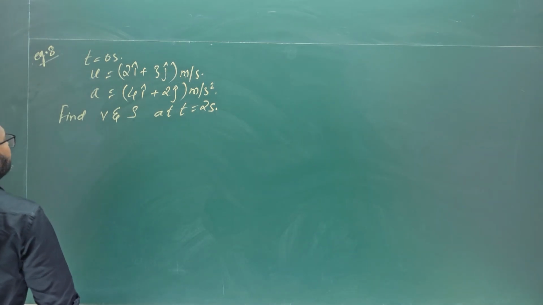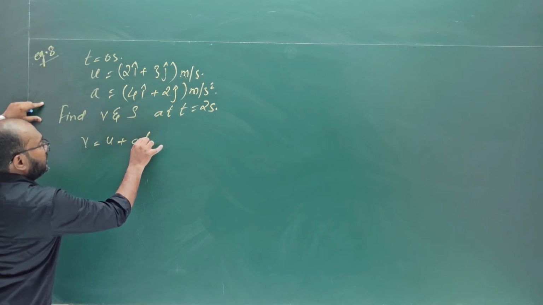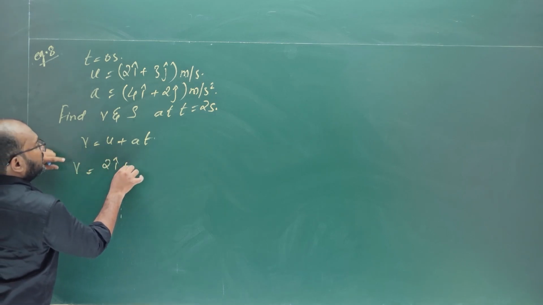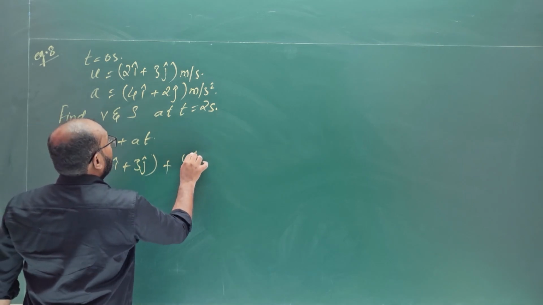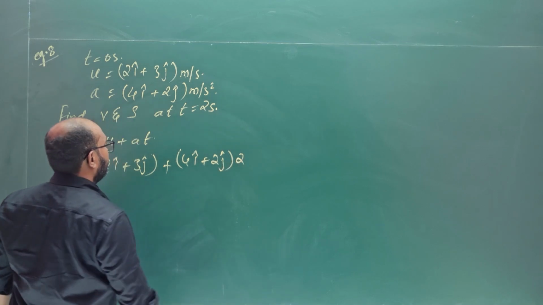Okay, shall I now? So v is equal to u plus at. V we don't know. U is 2i cap plus 3j cap, plus acceleration 4i cap plus 2j cap into time, that is 2 seconds.